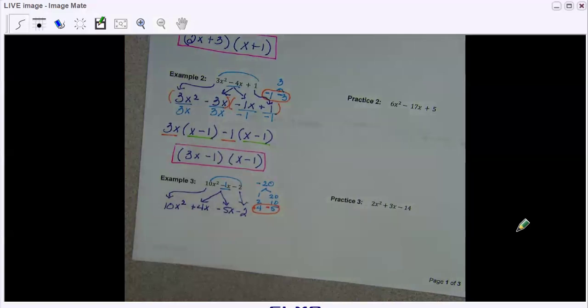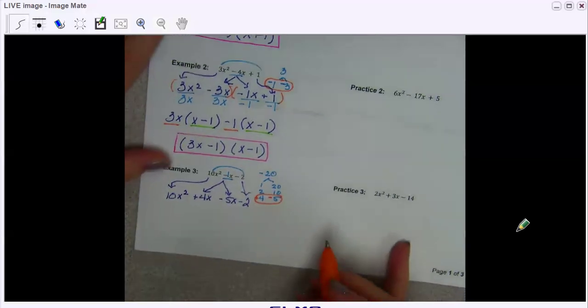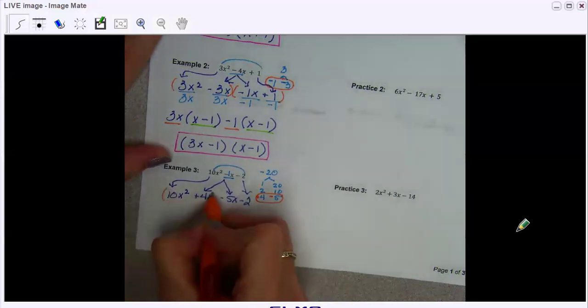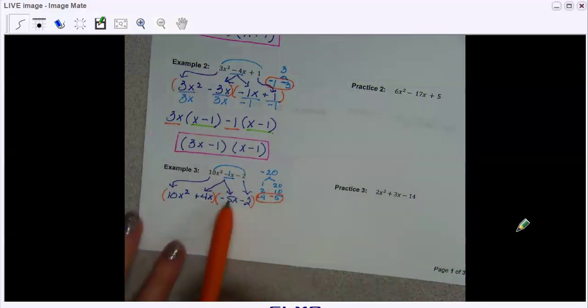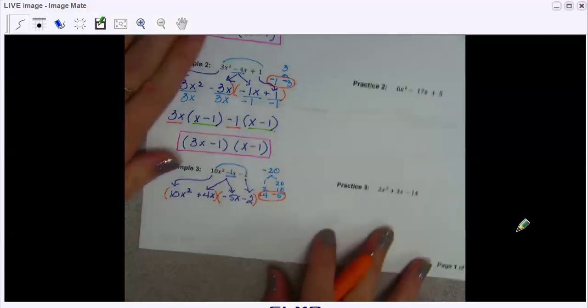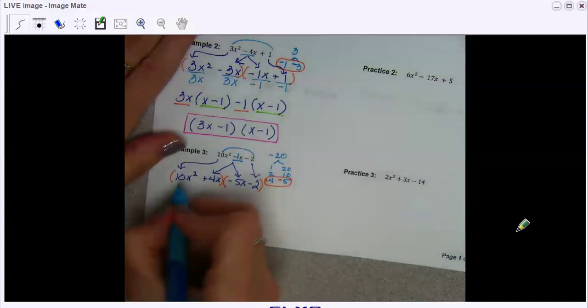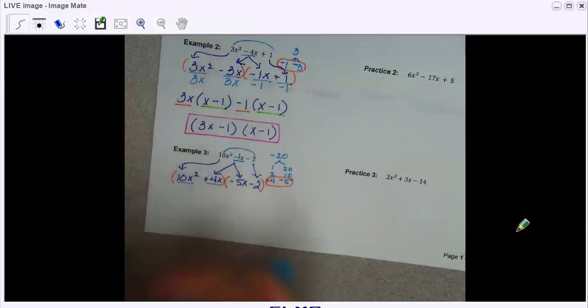Okay. Now let's break these down into two binomials. Now, normally I would actually put the -5 over here so that I didn't have to remember to factor out a negative, but it doesn't really matter. So in the first binomial, I'm going to factor out, what's my GCF?